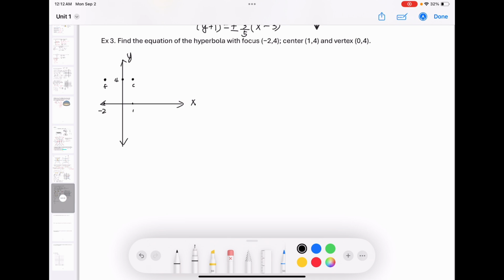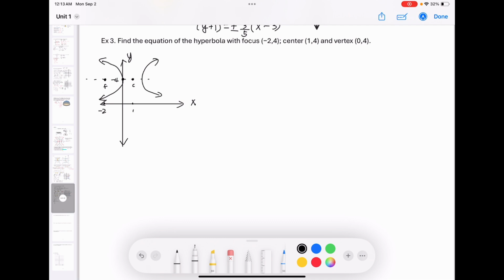From this information, I have learned that my foci, center, and vertices are all on our transverse axis. So this is the transverse axis, and I must have my graph like this. I don't know the exact graph, so let's make a sketch.